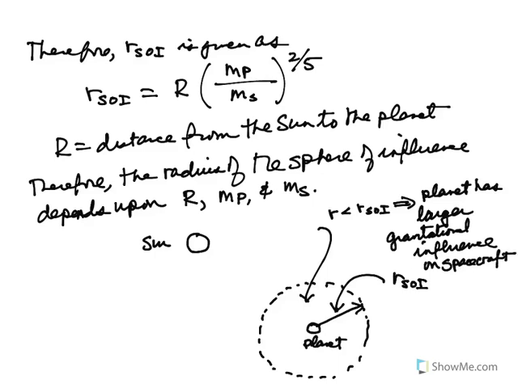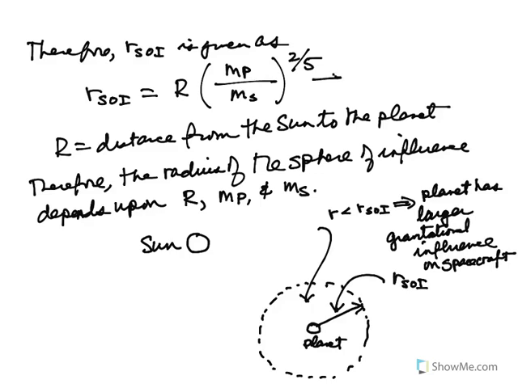And if we're outside of that distance away from the planet, then that means that the sun is going to have a greater gravitational influence. And that is the key result that allows us to know when we're under the influence of a planet primarily or under the influence of the sun.